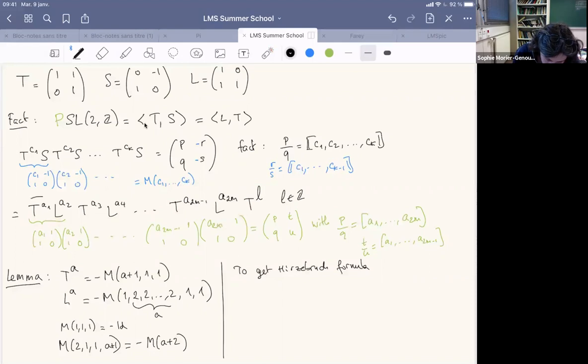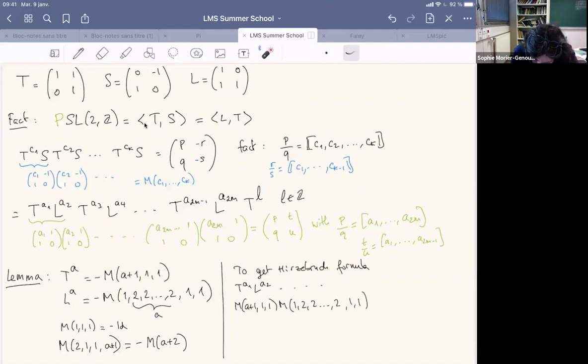This first matrix, T of A1, is going to be something like that. I'm working up to a sign for the moment. When you compute T to the A1, L to the A2, and so on, what happens is that you have the matrix M of A plus 1, 1, 1, times M of 1, 2, 2, 2, 1, 1.